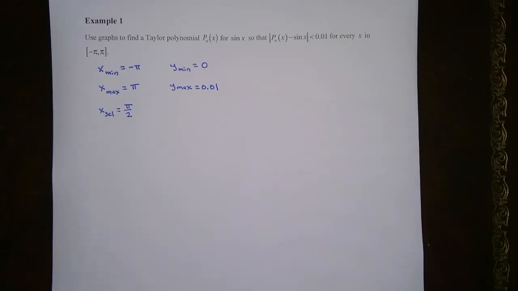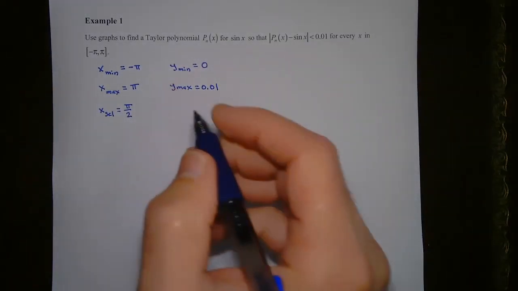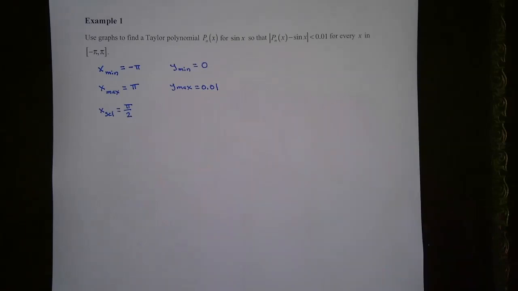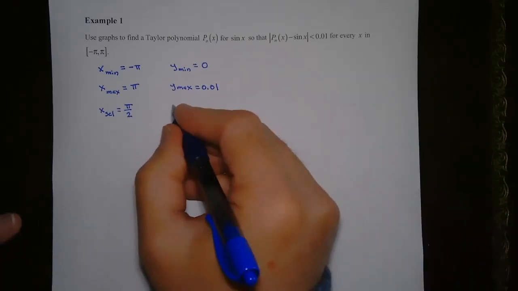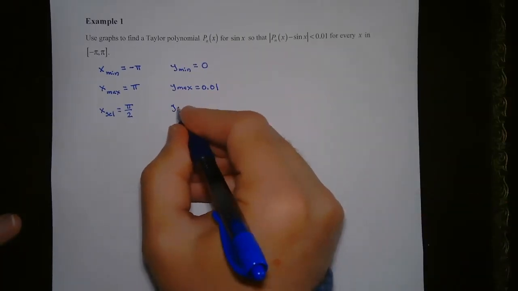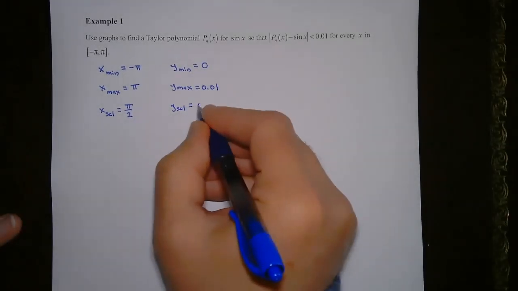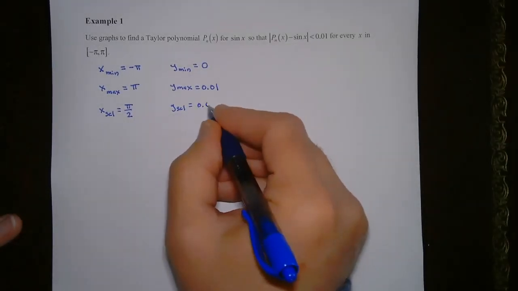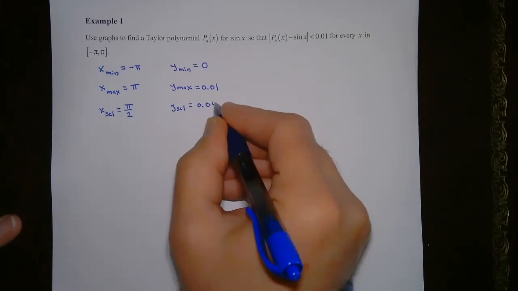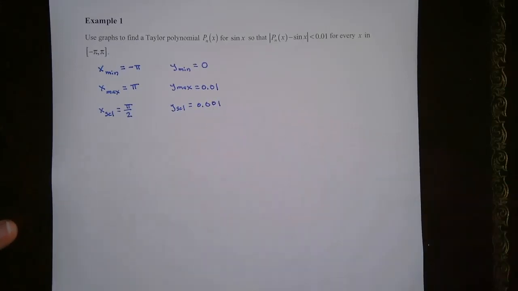Y scale doesn't matter in this case. Maybe 0.001, so there'd be about 10 of them between 0 and 0.01.